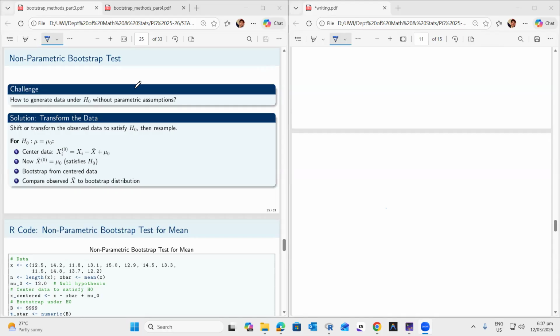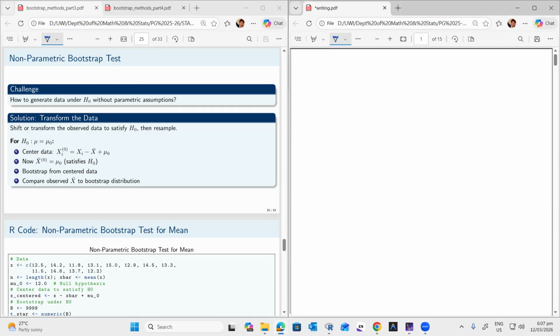The thing is that if we don't know the distribution of our data, for our given data, xi, we usually assume that it was following some particular distribution with parameter theta or parameter mu. Right now, we do not know what the distribution is exactly. So how will we generate the data to test the null hypothesis?